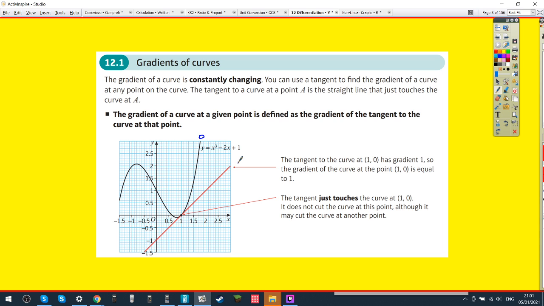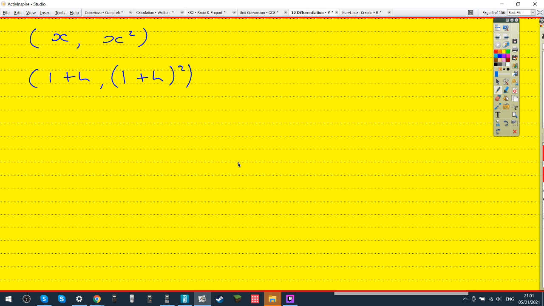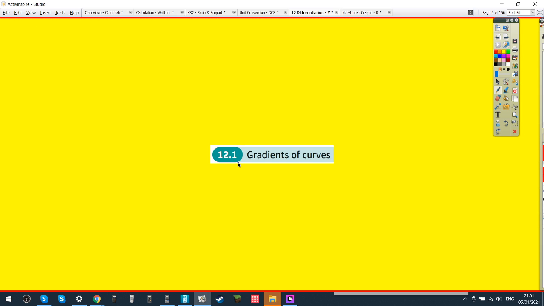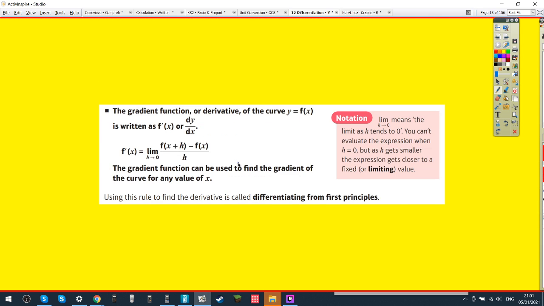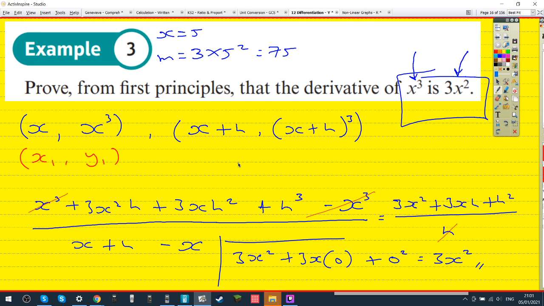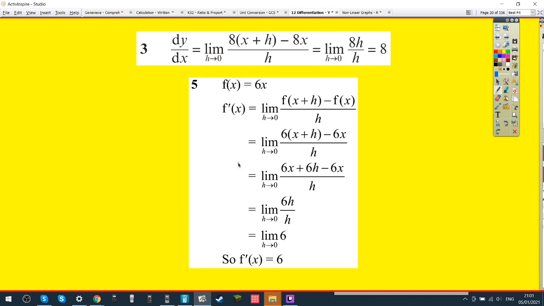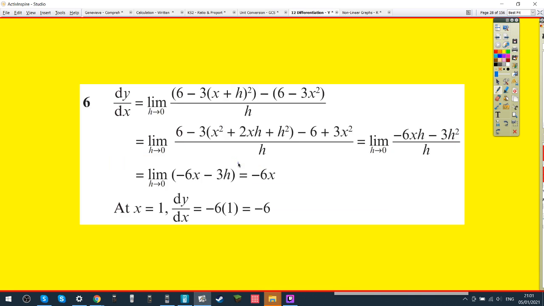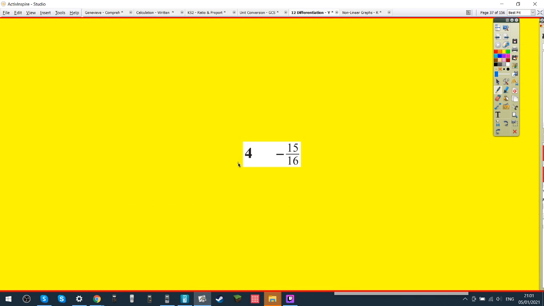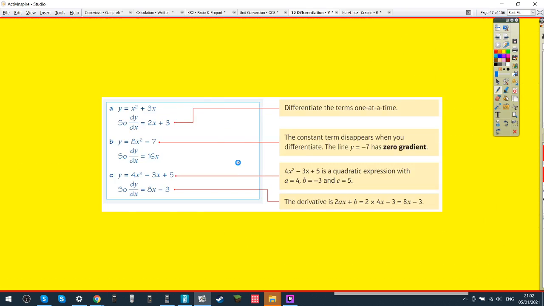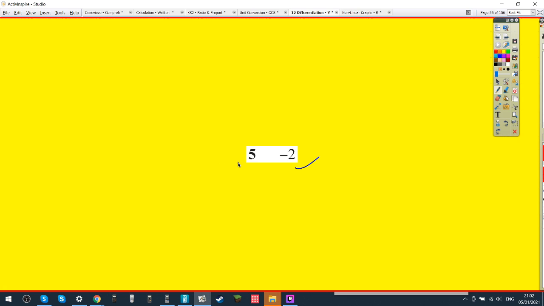And if you use that formula of y2 minus y1 over x2 minus x1, what that gives you is power times coefficient, and then subtract 1 from the power. That's what always happens. And that allows you to create a gradient function, a formula for finding the gradient of a curve at any point.